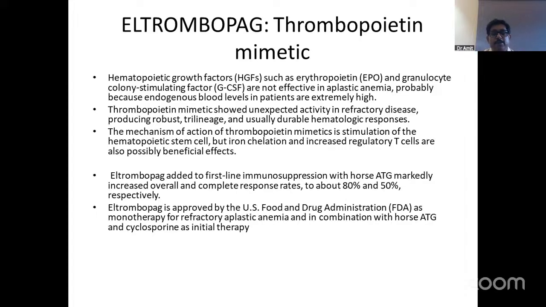The mechanism of action of thrombopoietin mimetics is stimulation of the hematopoietic stem cells, but iron chelation and increased regulatory T cells are also possible beneficial effects. Eltrombopag added to first-line immunosuppression with horse ATG markedly increases the overall and complete response rate to almost 80 and 50%. It is approved by the US FDA for refractory aplastic anemia in combination with horse ATG and cyclosporine in initial therapy.